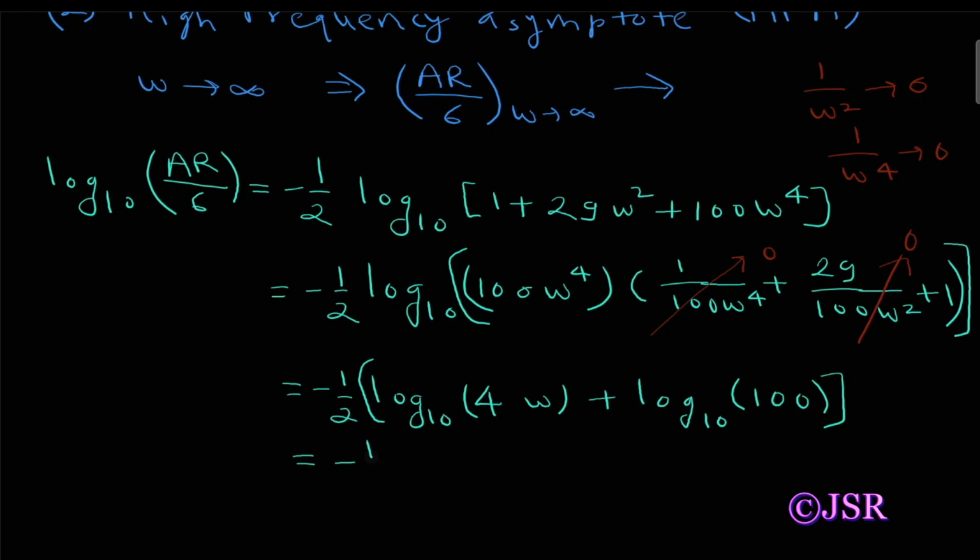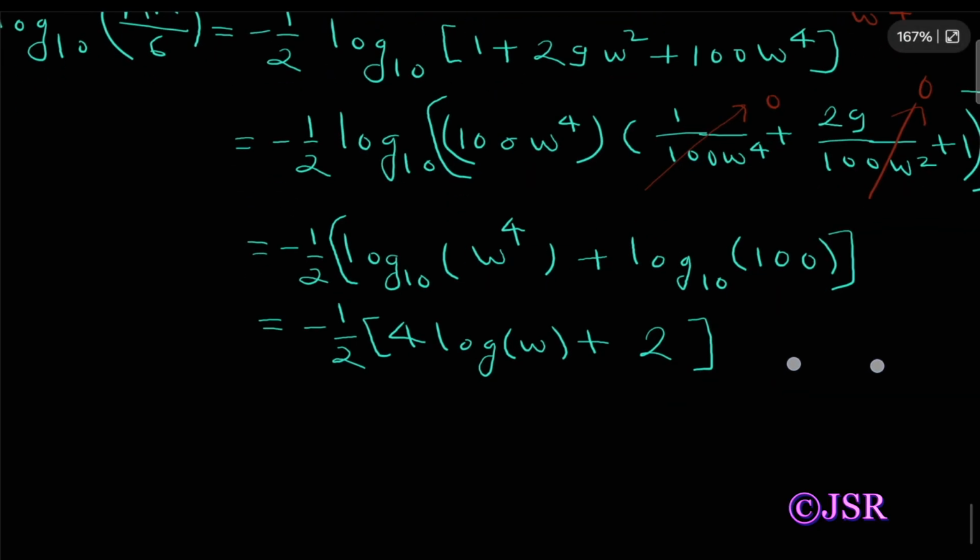this will be minus half, this will be 4. So this will be minus half log 10 omega to the power 4 plus log 10 100. So I can write this as half into 4 times log omega plus 2.